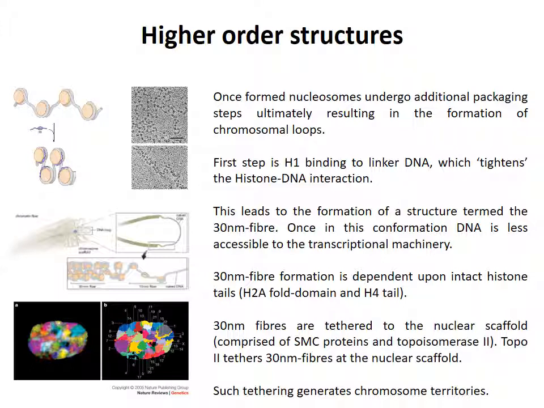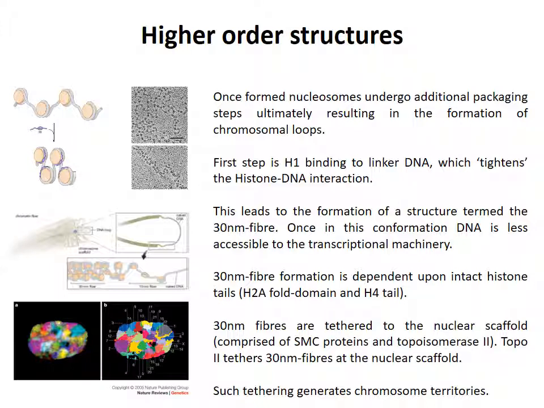Now, one of the interesting consequences of this higher order structure, these 30 nanometer fibers becoming tethered to these chromosomal and nuclear scaffold proteins, these SMC proteins, is the formation of what are known as chromosome territories. This is a concept that chromosomes don't just exist within the nucleus in a random manner. Rather, the chromosomes themselves have particular regions and domains or territories within the nucleus where they're most often found.